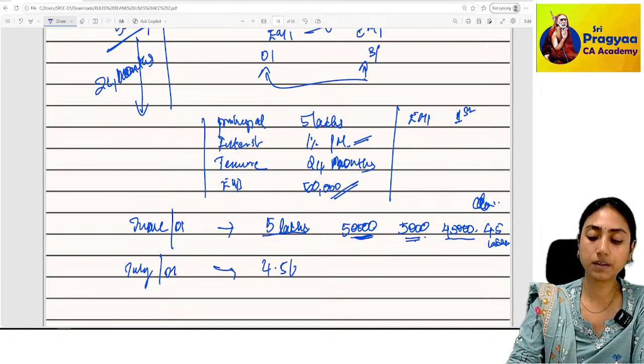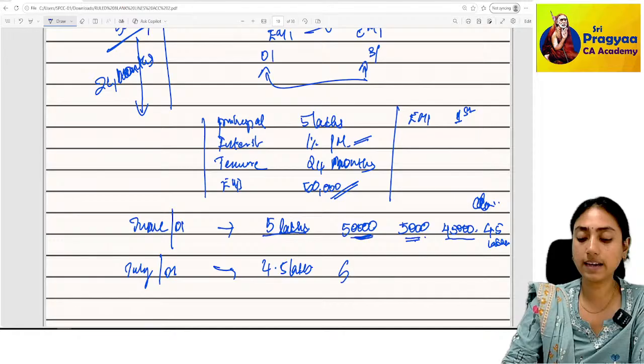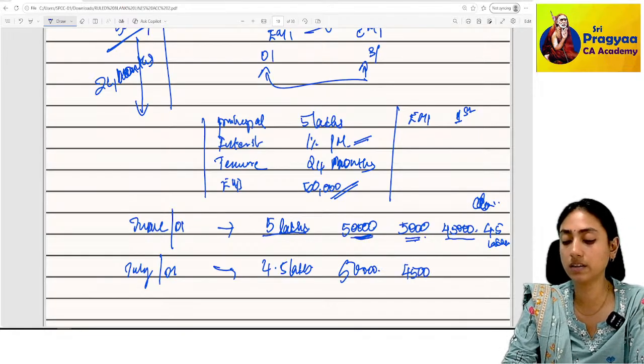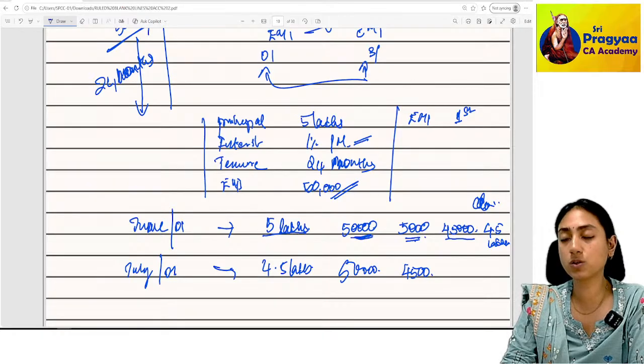I will start from 4,50,000, correct? Again the same calculation, 50,000, but this month my interest will be only 4,500, which is 1% on my opening principal for that month. Got it?